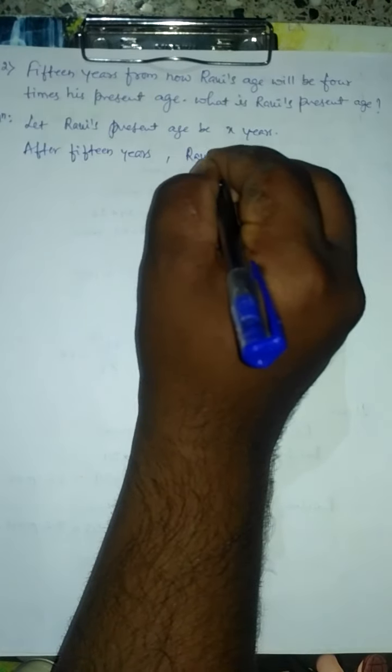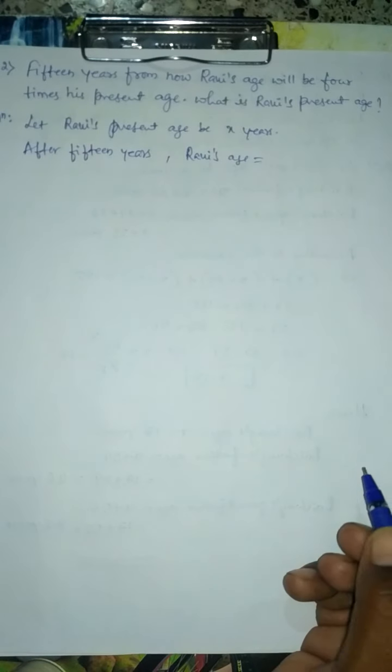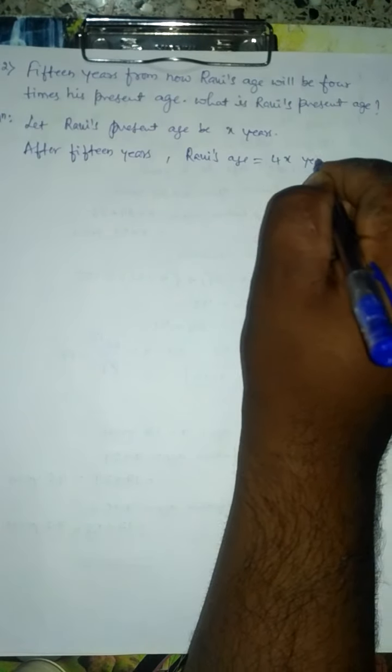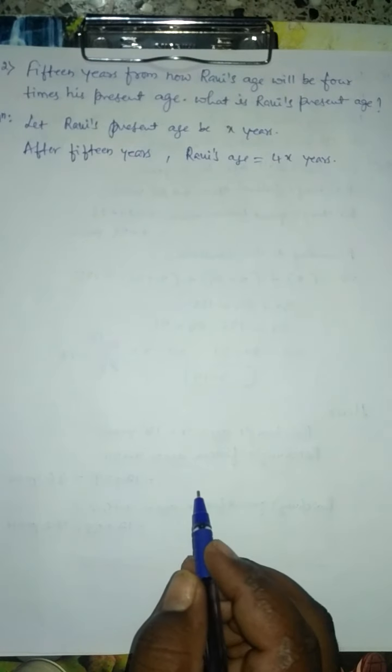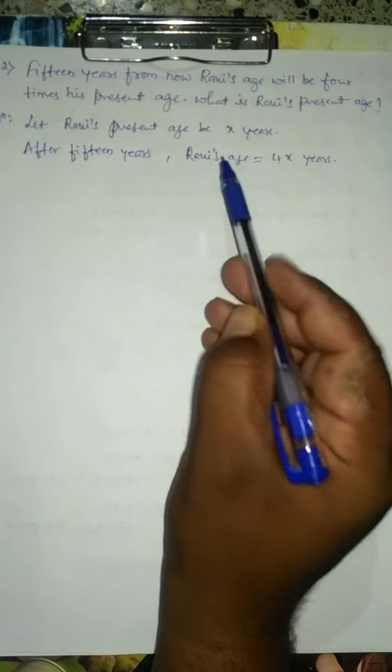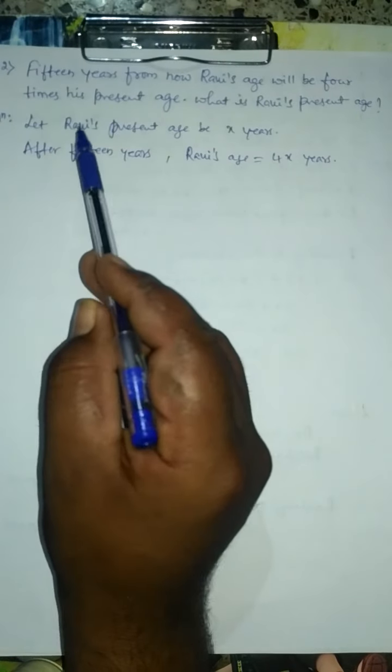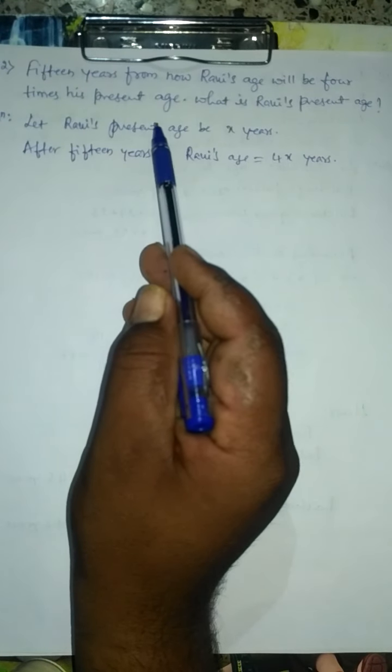Ravi's age is 4 times his present age. 4 times means we have to take 4x years. So 15 years from now, Ravi's age will be 4 times his present age, and 4 times his present age is 4x.